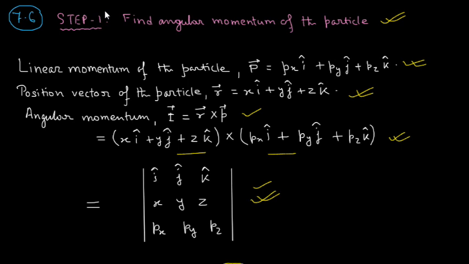So it is given in the problem that linear momentum of the particle p is equal to px i plus py j plus pz k. Position vector of the particle r is equal to xi plus yj plus zk.